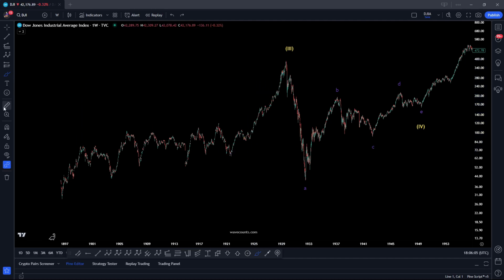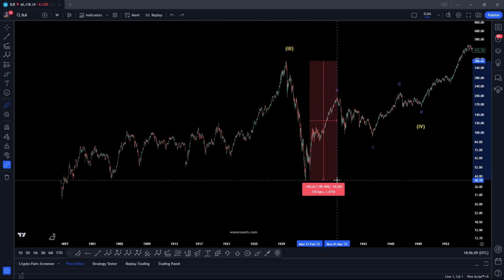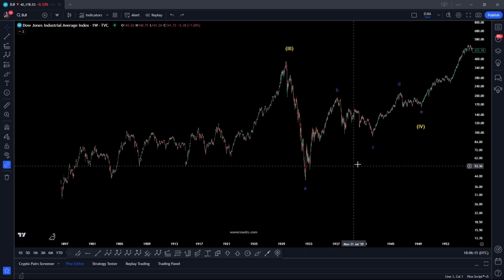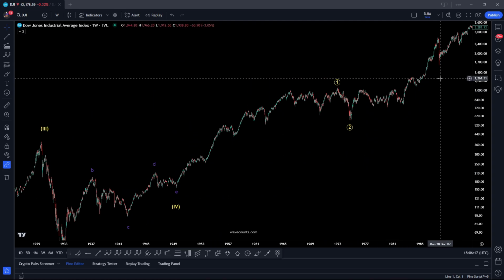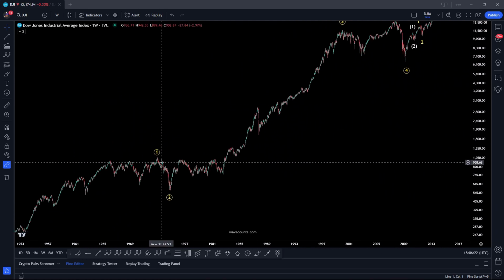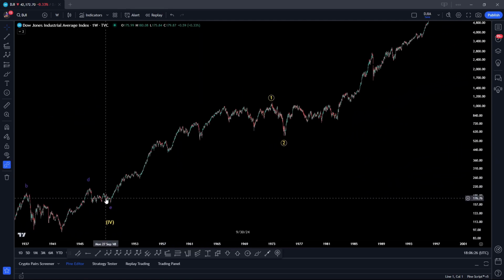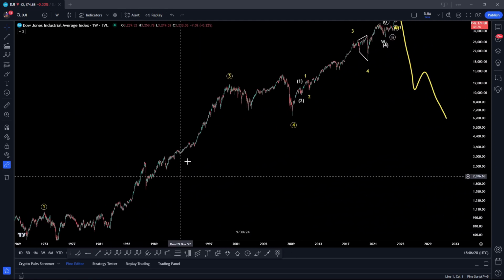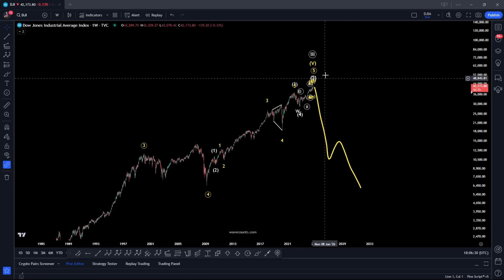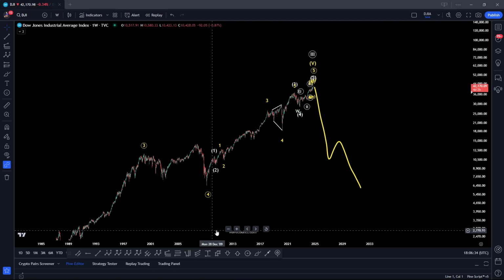And then what happened? An 89% drop. And here we are 100 years later, nearly, to complete the cycle, right? 1, 2, 3, 4, and 5 to finish the cycle, which needs a retracement.